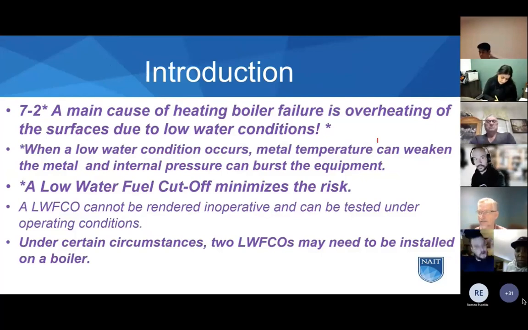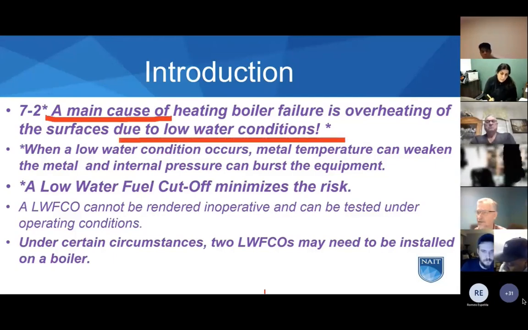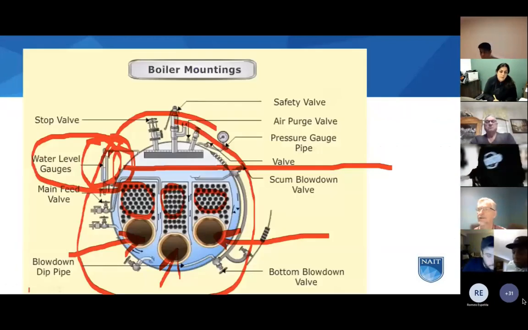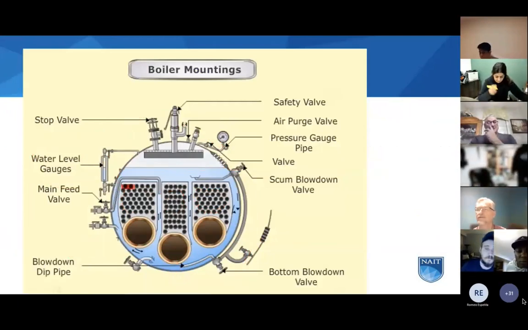A main cause of heating boiler failures, we're going to look at a few causes. Most importantly, we're going to look at one that is due to low water conditions. So we looked at that boiler here, and we pointed out that we need to make sure that these heating surfaces, being a fire tube boiler, the tubes are the heating surfaces, must be cooled to water temperature.